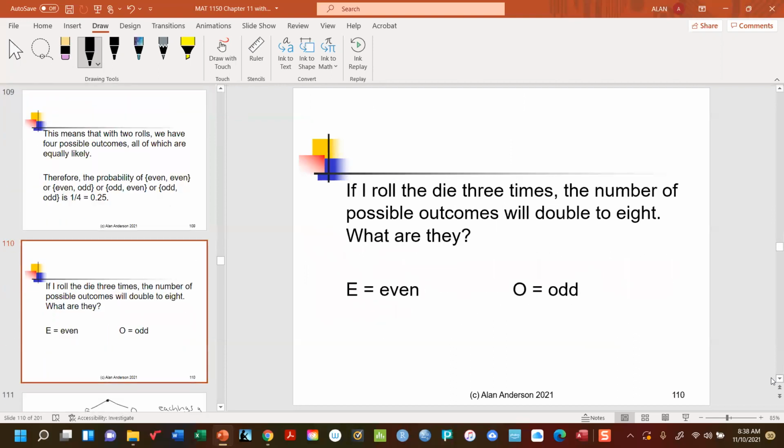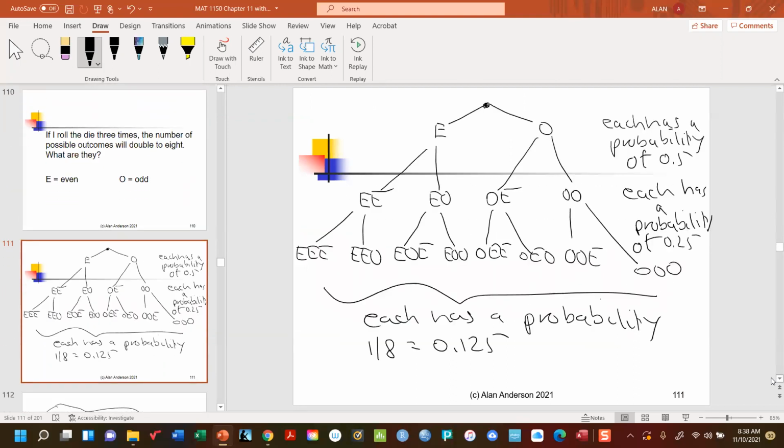All right. Oh, by the way, here's a little binary chart, a binary tree as it's called. What this is going to help us do is figure out how many different outcomes will occur depending on how many times we roll the dice. If we roll the die once, we can get either even or odd, each with probability 0.5.